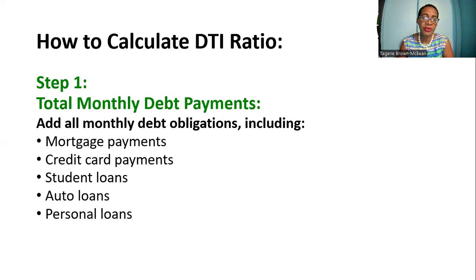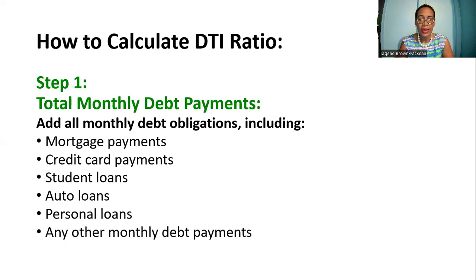Personal loan payments are similar to what we call in finance consumer loans, like if you have a loan to purchase furniture and things like that. And any other monthly debt payment. So you're going to do a grand total of the monthly payments that you have to make for your loans and credit cards. That's step one.